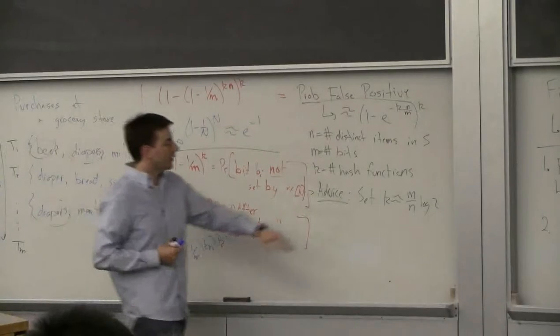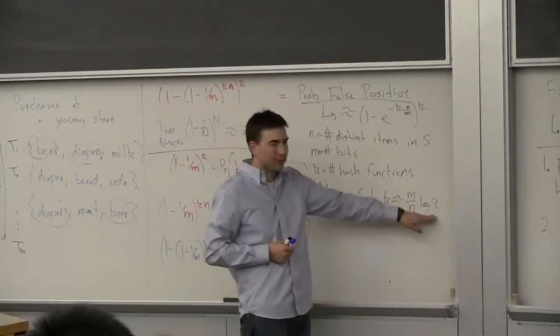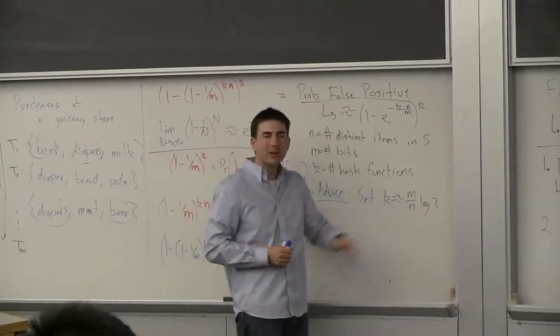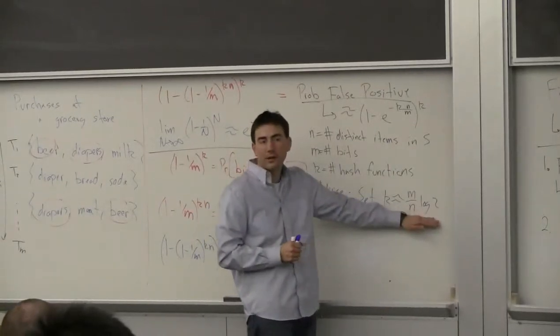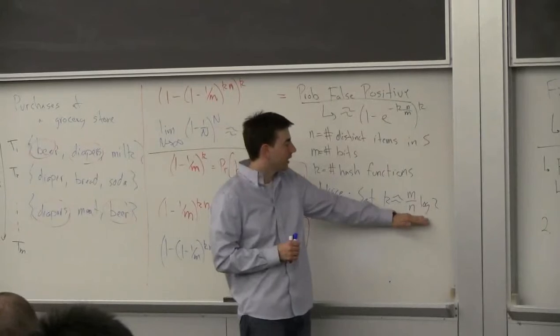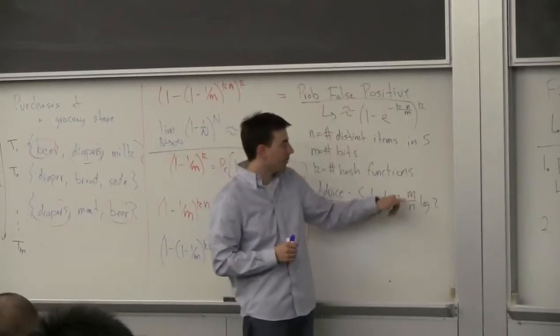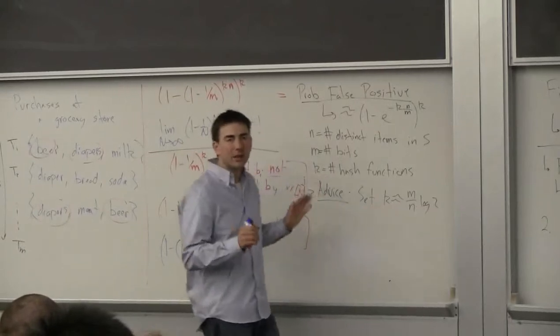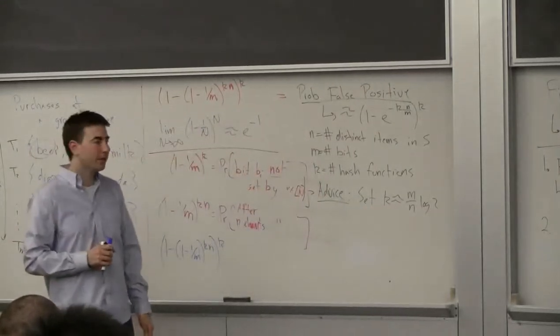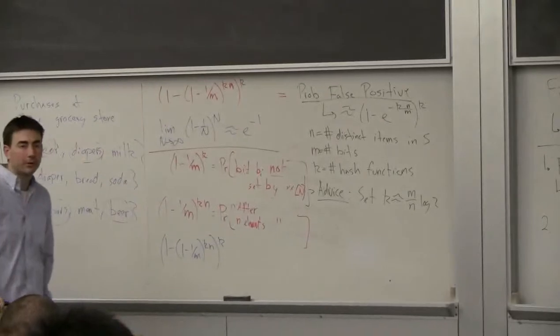So this becomes about 5 times log 2, which is like 6 or 7. Maybe you want to get this quantity k to be 10. You can get 10 hash functions, and m over n times log 2 is basically k. Then you're going to get a very small probability of collision.